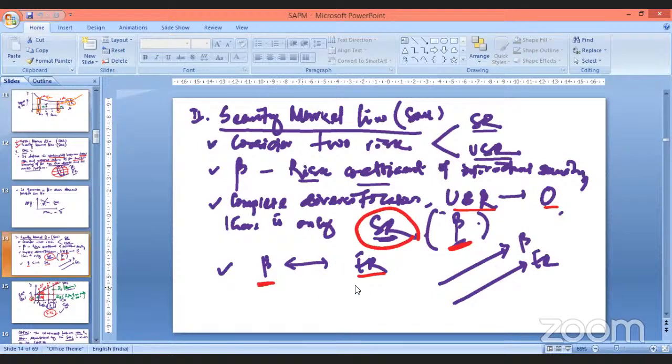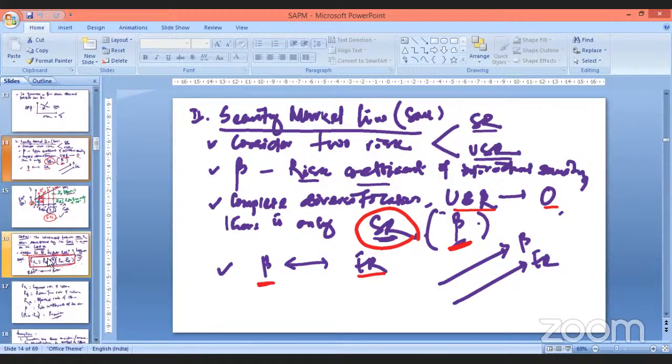So whenever we determine the portfolio, we are comparing beta and expected rate of return. Expected rate of return is purely driven by beta. Beta means risk coefficient. By taking this, we can create the CAPM model.